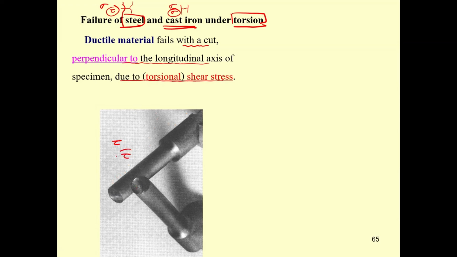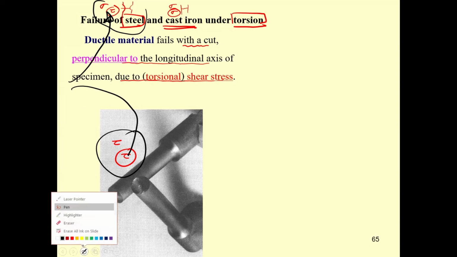This one fails by tau. Okay, compare the above discussion with this discussion. Steel always fails based on tau. Okay, no matter if it's in tension or in torsion, it fails by shear stress.